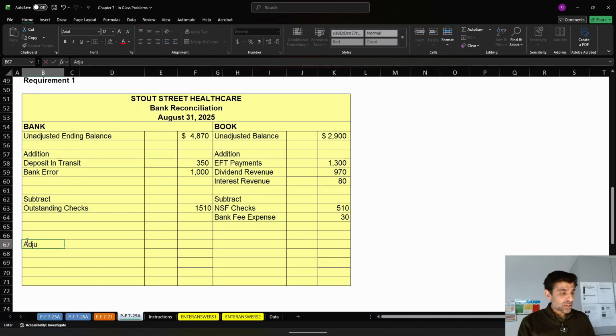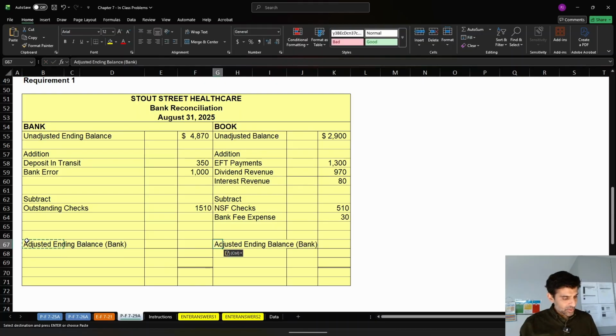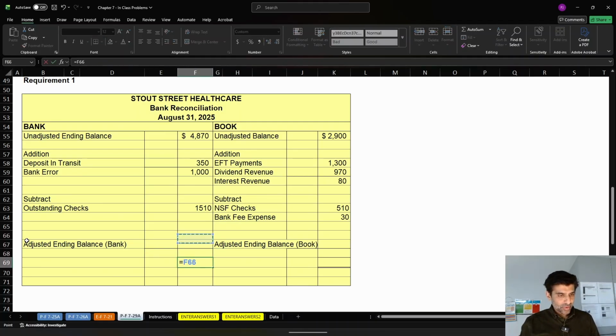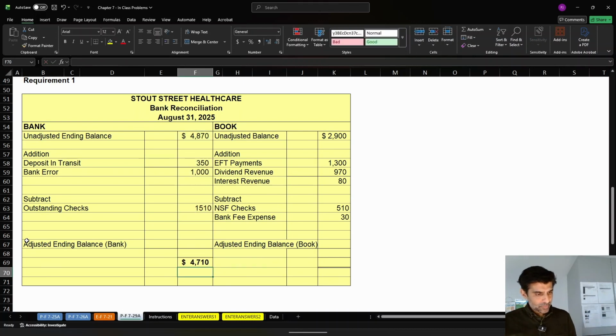So we are going to get adjusted balances for both of these. Let's be explicit. This is the adjusted ending balance for the bank. This is the adjusted ending balance for the book. Okay, so I'll start with the unadjusted plus the positive adjustments, which are these two, minus the negative adjustment.